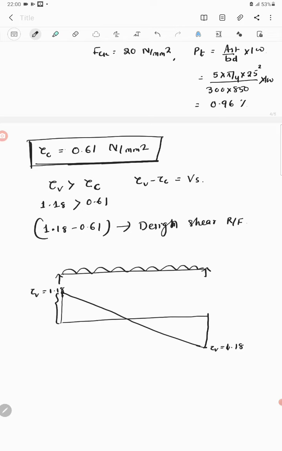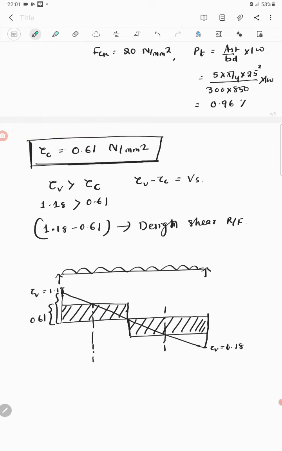If you draw the shear stress diagram for concrete, this much of shear stress is carried by concrete. This amount is 0.61. So from here to here, all the nominal shear stress is taken by the concrete.